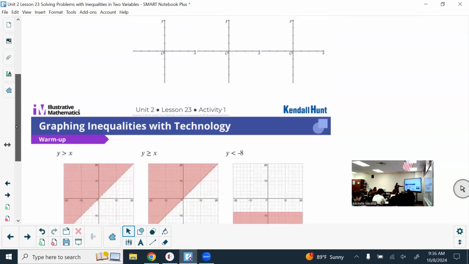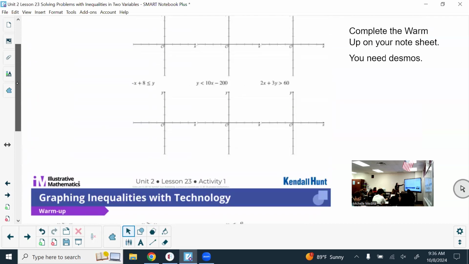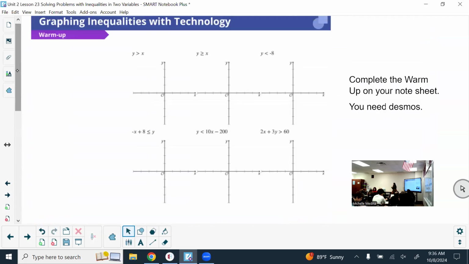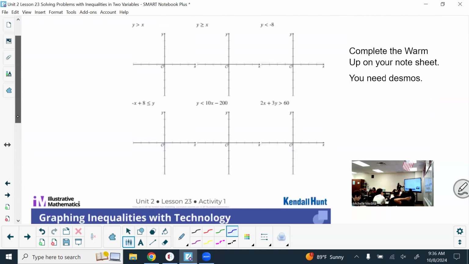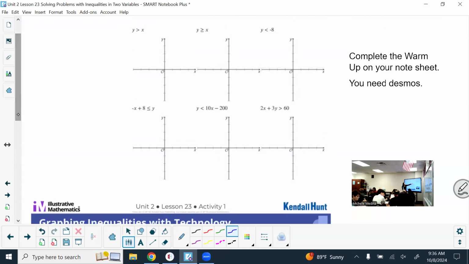Like, for example, let me pick one that has an interesting line, like the -8, this one. It doesn't say what these are counting by. Maybe they're counting by 4s, and you want to make this one -8. All right, but whatever you're counting by, you probably want to show that on your coordinate plane.